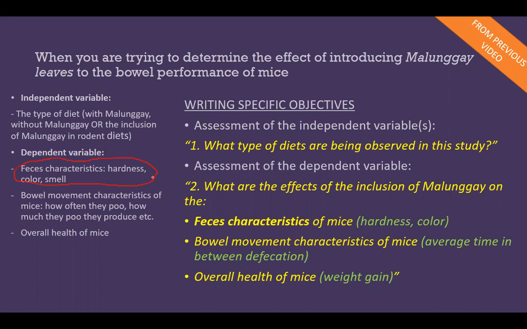It's difficult to get quantitative data from them, so we'll discard them for now, or they could be used for the qualitative part of your I3. They could be quantitative or descriptive, but for now let's skip the processing of descriptive data and look at the more difficult ones. Let's look at these two: the bowel moving characteristics, for example the average time between defecation, and also the overall health of the mice, like in terms of weight gain, which is easy to observe.